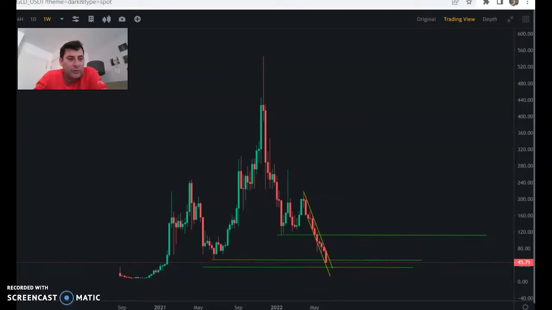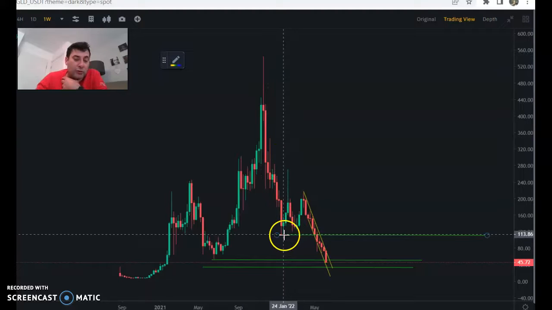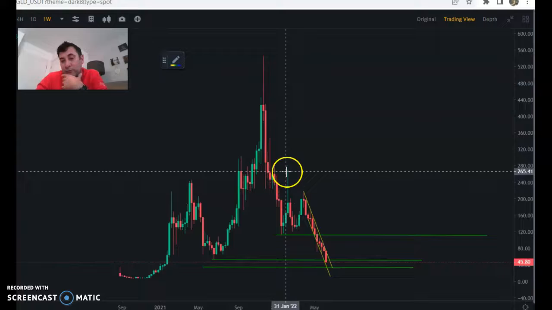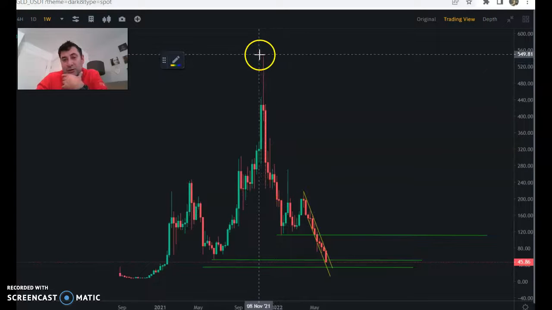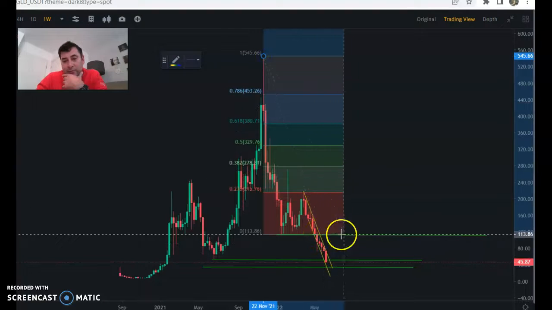I am just going to put the Fibonacci extension on there. This is basically, if we take from the all-time high to where it ran all the way through until its very first stop before it did a slight retracement here. I'm just going to do that and see what we get.